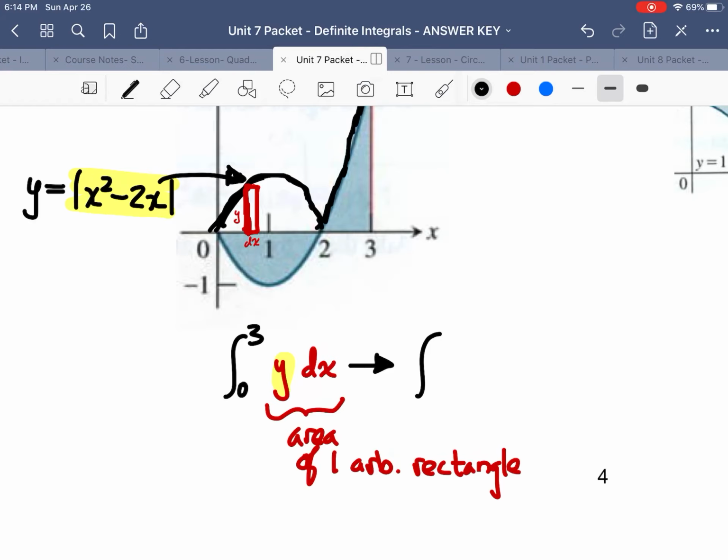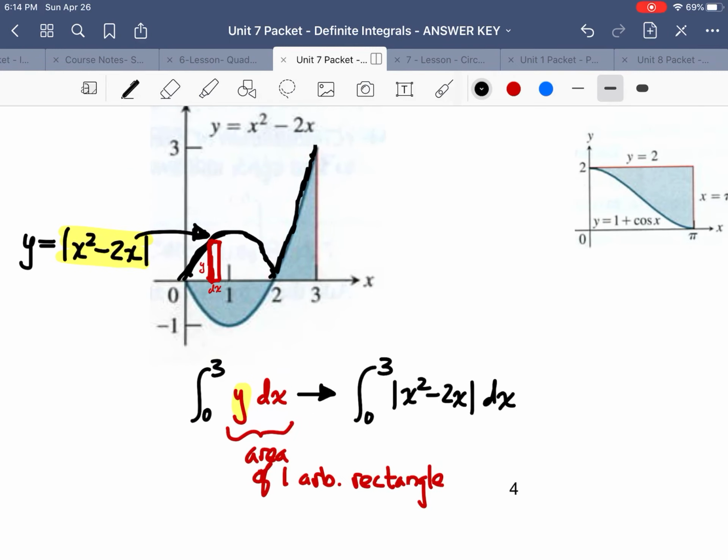So one way of correctly identifying the integral that would give us the total area here would be the integral on the interval of 0 to 3 of the height y, which is now known as the absolute value of x squared minus 2x, times its infinitesimal width, dx.